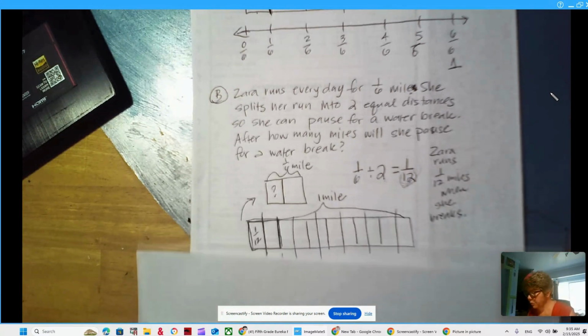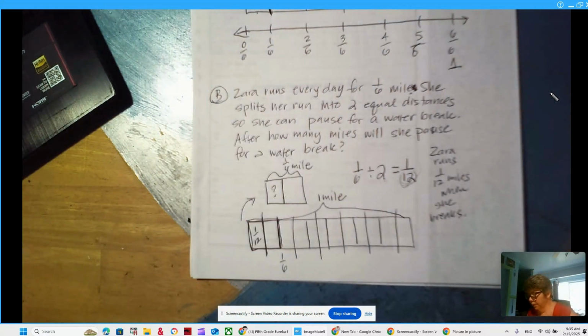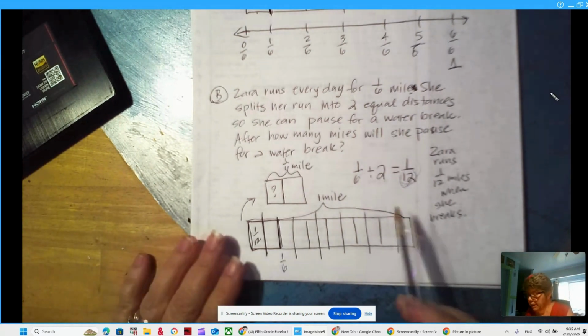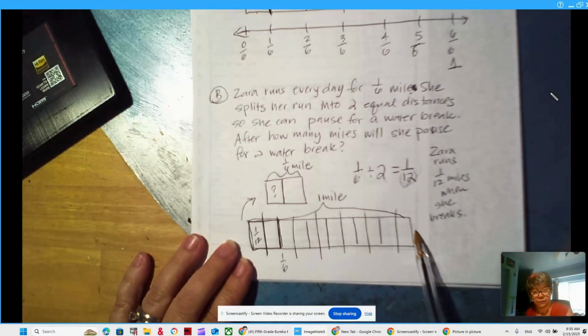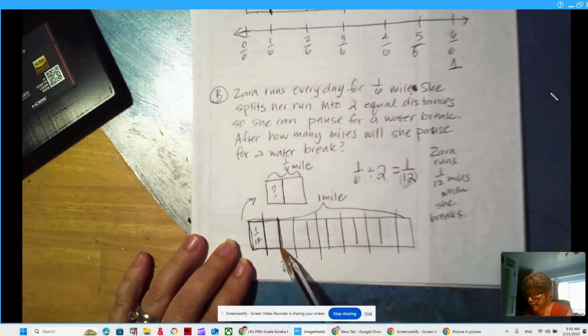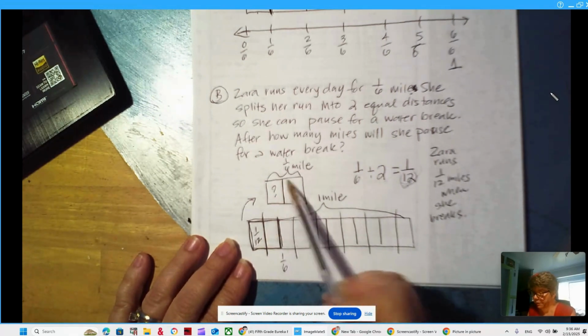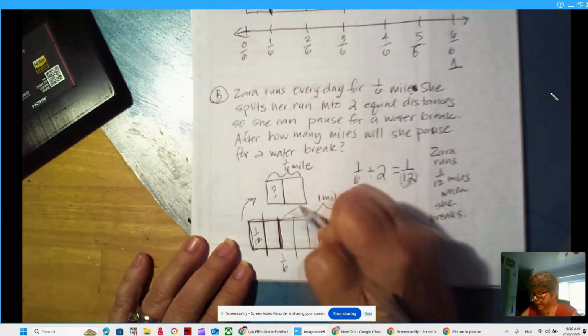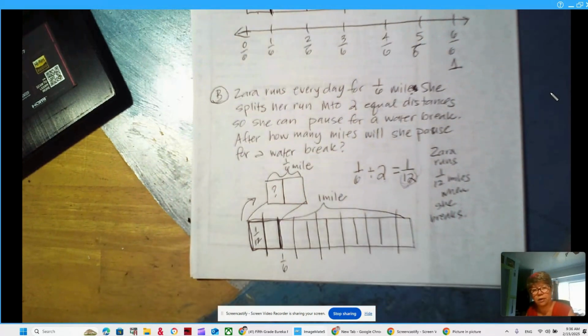So she runs 1/12 of a mile when she stops for water break. Now, if we want to look at the whole mile, we can see that 1/6, if I break every sixth into 2 parts, then each part will be a 12th, and this is a blow up of this little piece right here, right? Like if I was just going to zoom in on it.